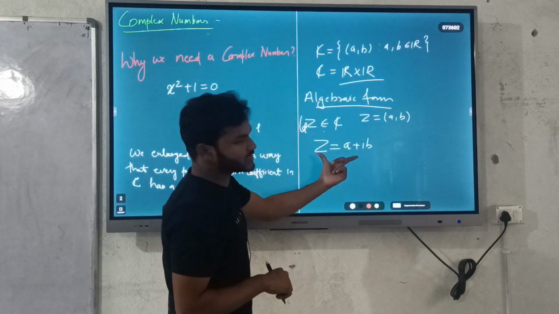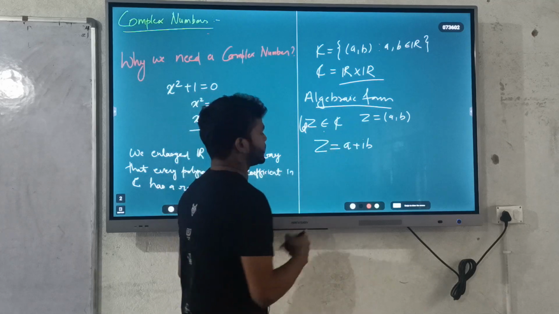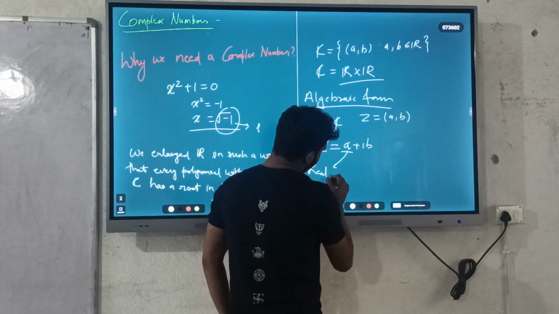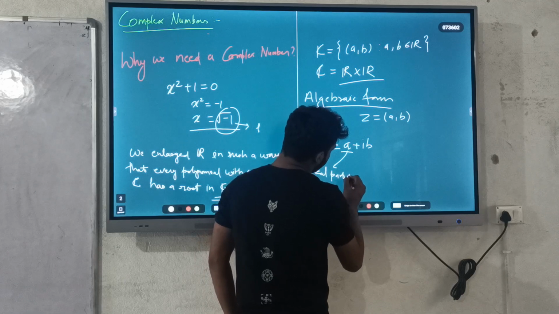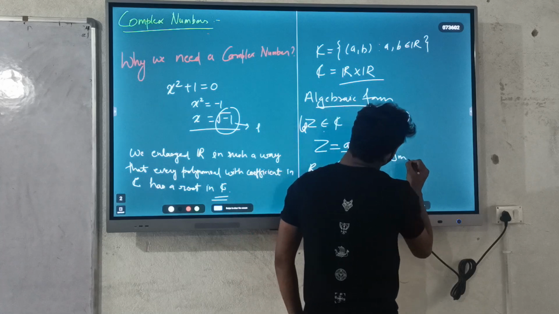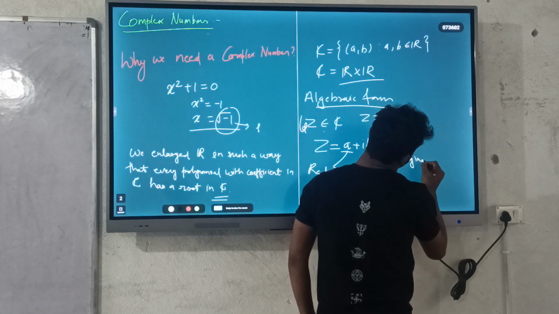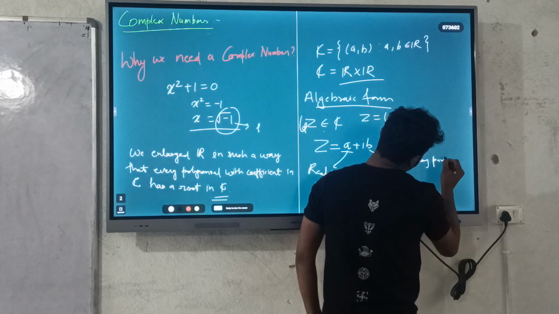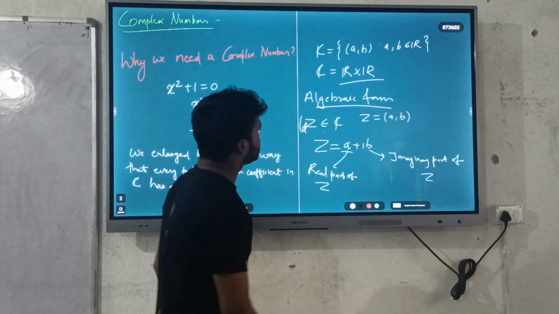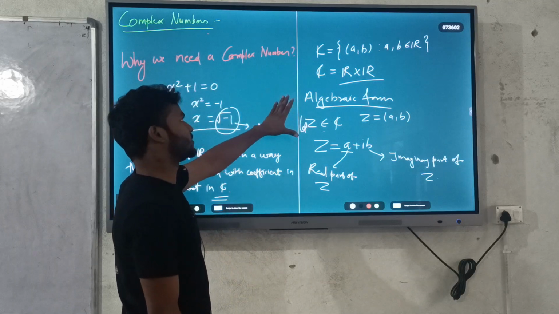Then this is the algebraic form of that complex number, where a denotes the real part of z and b denotes the imaginary part of z. So these are two forms of a complex number.